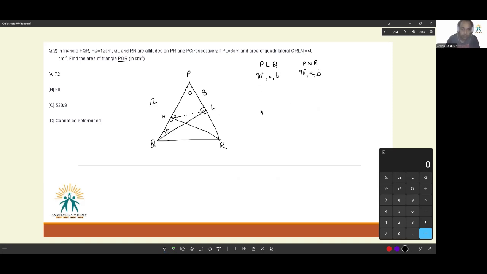So let me go ahead and figure out which two sides are in the same ratio. Opposite to B, I have 8 here for PLQ. So opposite to B, I will have PN here. Opposite to 90 degrees, I have 12. And opposite to 90 degrees, I will have PR here.